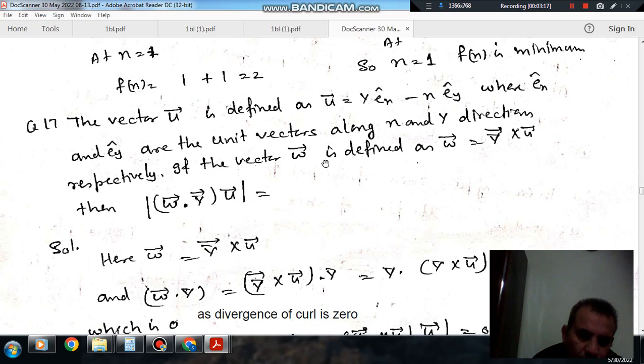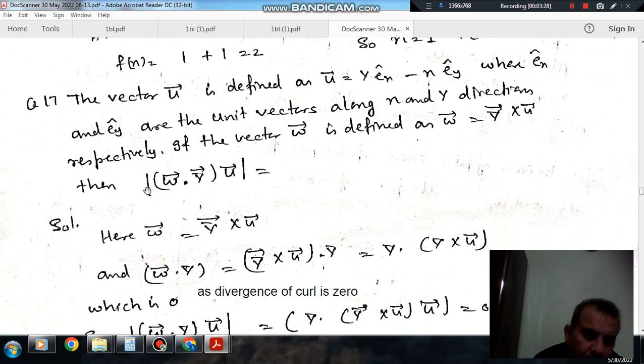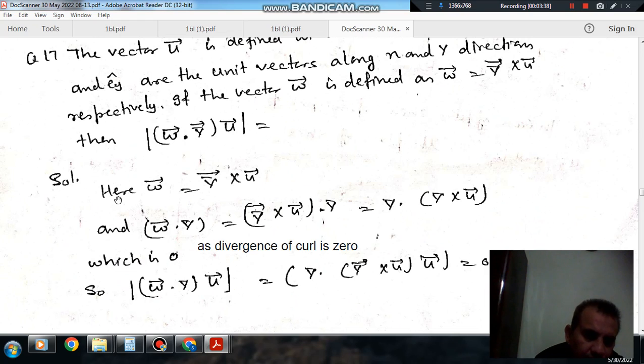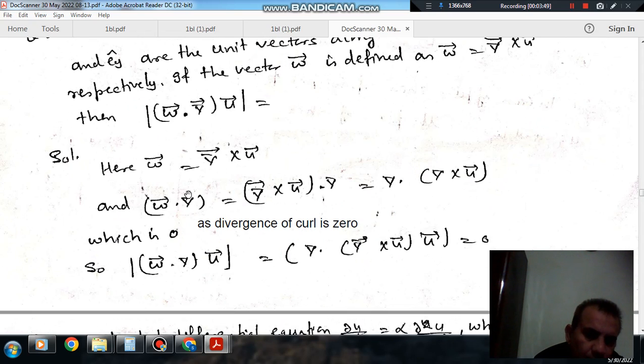If the vector w is defined as del cross u, then the magnitude of w dot del bracket u is. So here w is del cross u vector. Okay, so that is given. So it means it is a curl of u.